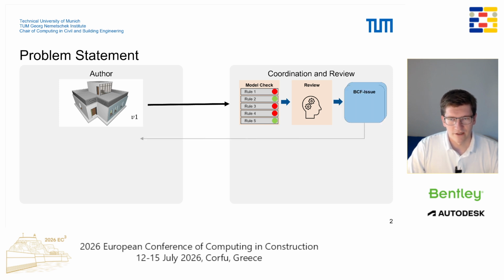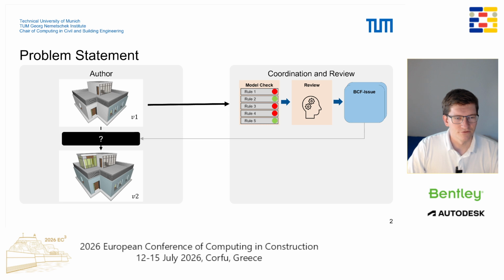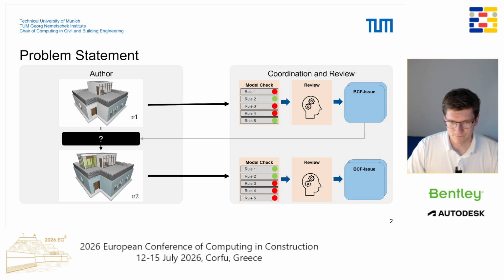Ultimately, we typically have a set of BCF issues that are then sent back to the author, and the author is then responsible for incorporating the requested changes into the BIM model. So eventually we have a new version of the BIM model. This new version is again sent over for coordination and review.